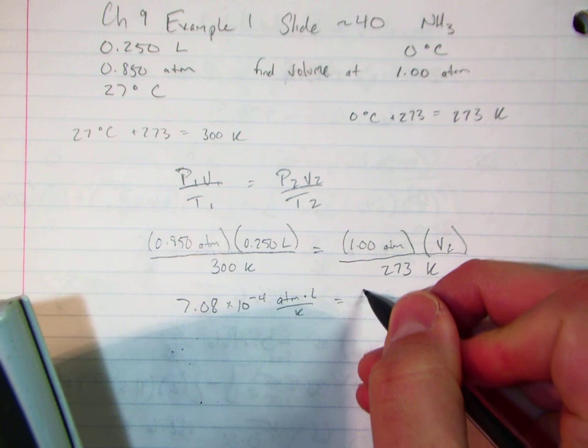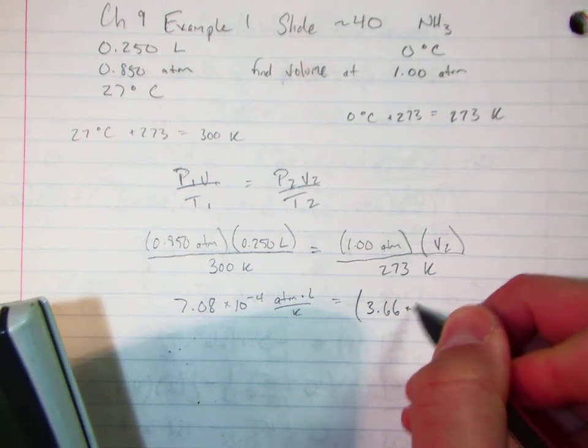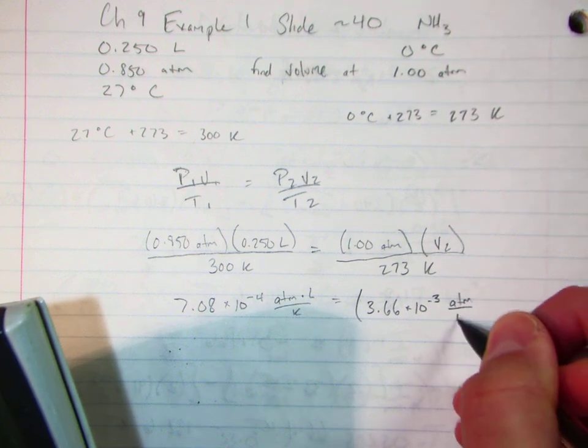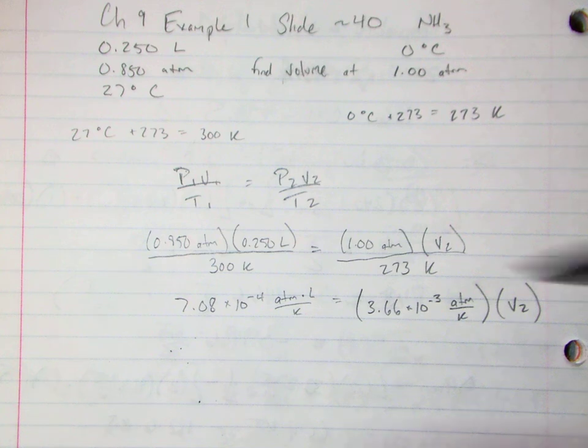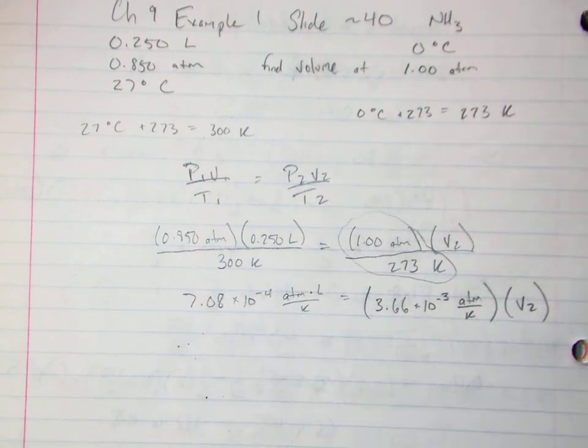So that's giving me 3.66 times 10 to the negative third atmosphere over Kelvin times V2, right? I just combine these two terms here, 1 over 273.